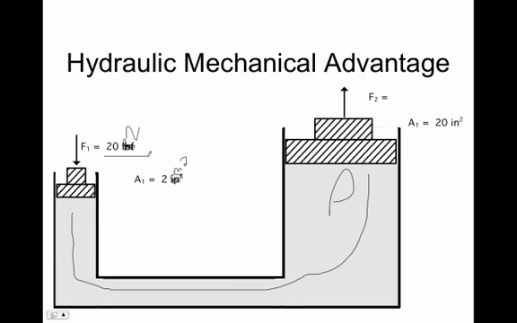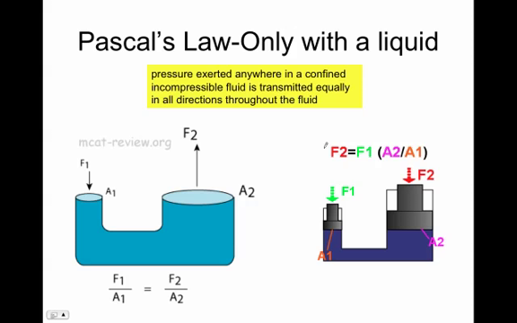So if 20, what's 20 over 2? 20 over 2 is 10. So whatever this is, it has to equal 10. So 200 over 20 equals 10. So if you push with a 20 Newton force here, you'll get a 200 Newton force on this side.